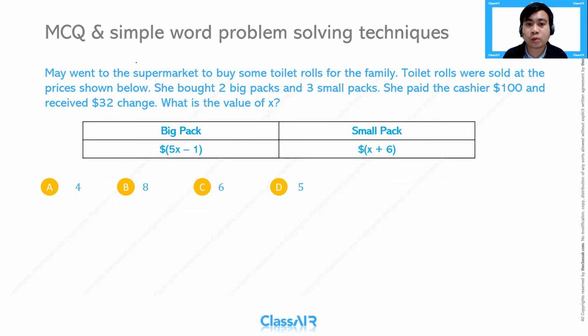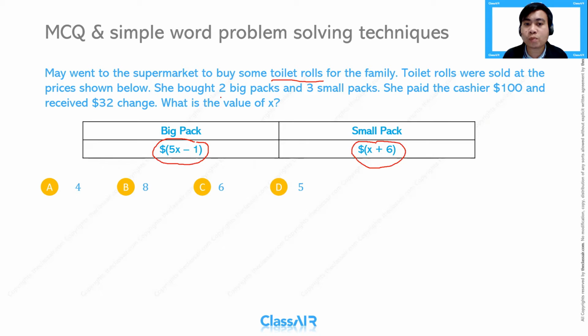May went to the supermarket to buy some toilet rolls for the family. Toilet rolls were sold at the prices shown below. A big pack costs 5x minus $1, while the small pack costs x plus $6.